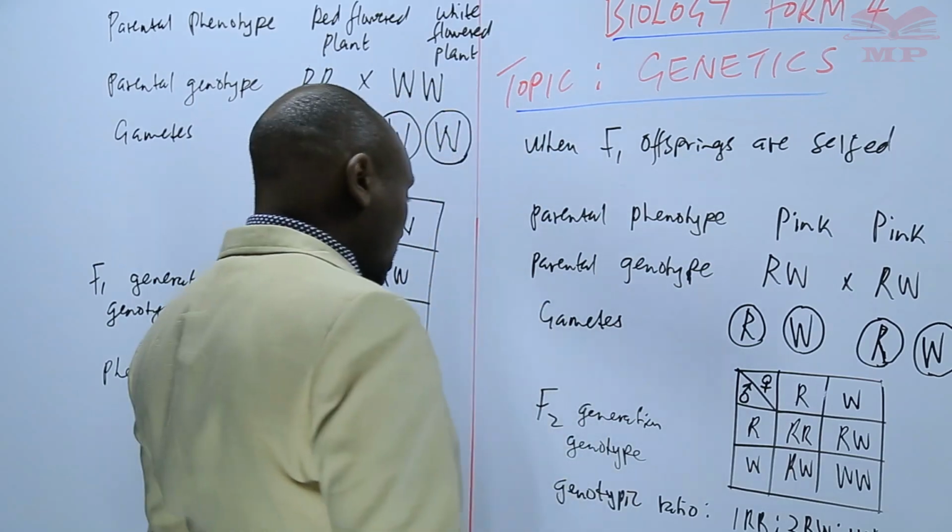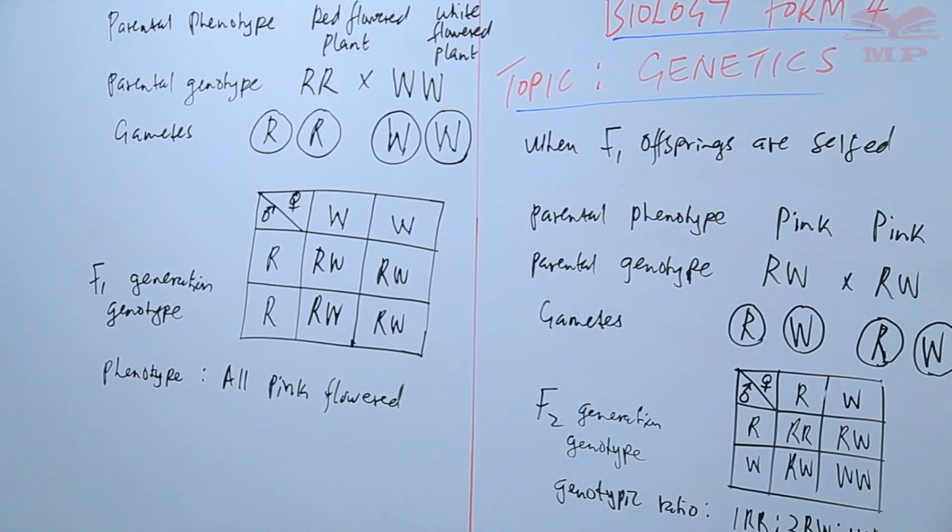That's the genotypic ratio, showing the ratio of the genotypes.